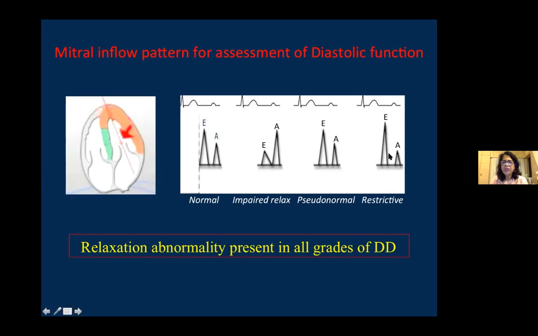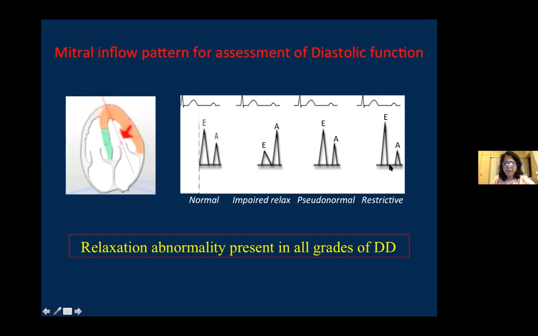So there is quick deceleration, so short deceleration time. And the A wave also is small, though the LA pressure is significantly high. But remember that the LV is non-compliant. So the LA is not able to push the entire amount of blood to the LV, resulting in a shorter A wave. So these are the signs of restrictive filling pattern: tall E, small A, short deceleration time.